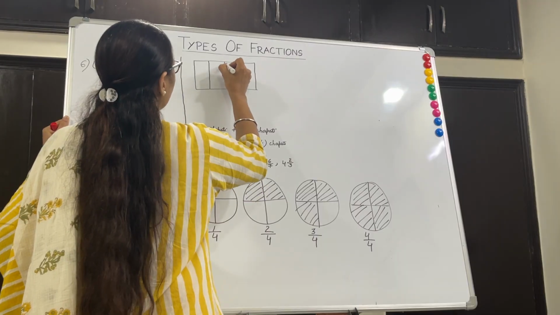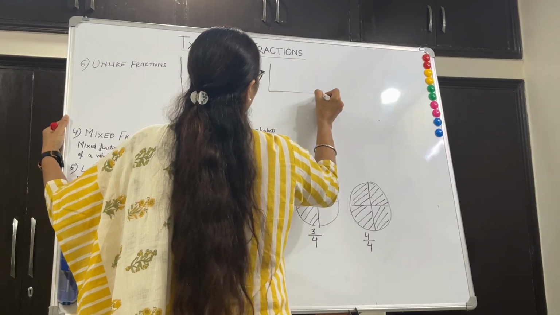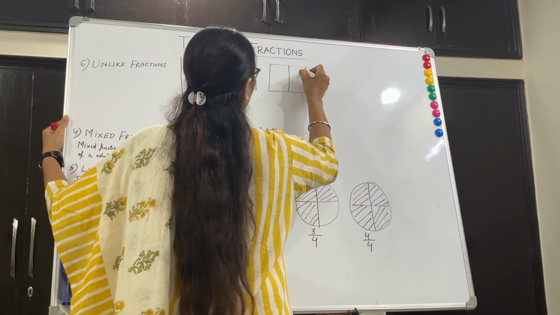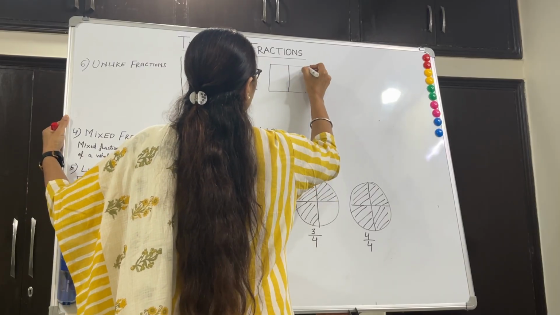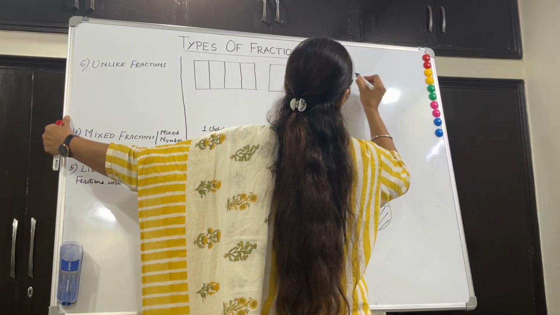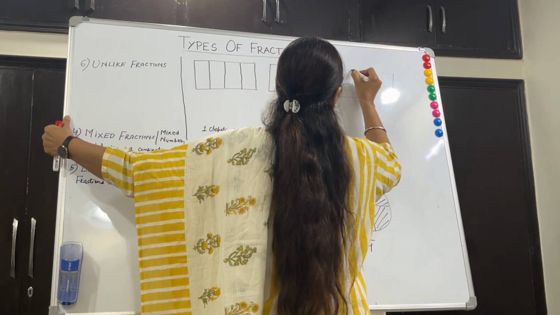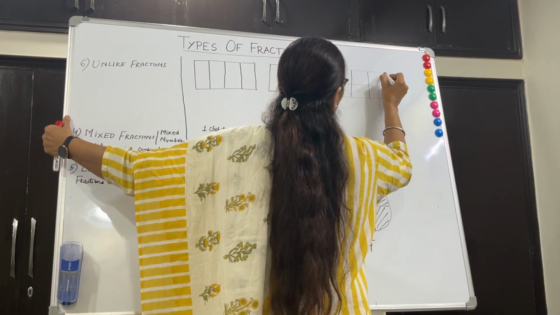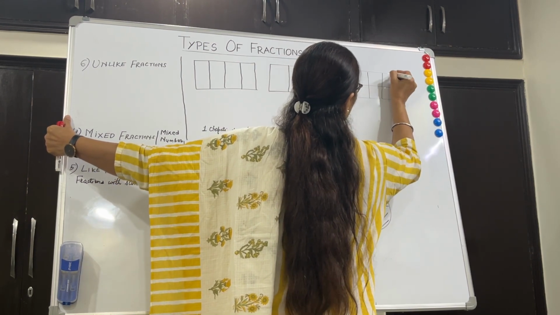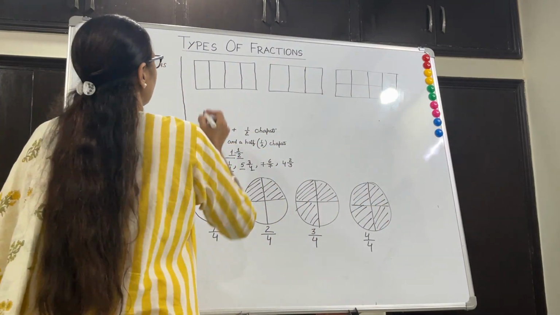Like here, I am dividing it into 4 equal parts. Here, I am dividing this into 3 equal parts. Here, I am dividing into 8 equal parts. Okay.